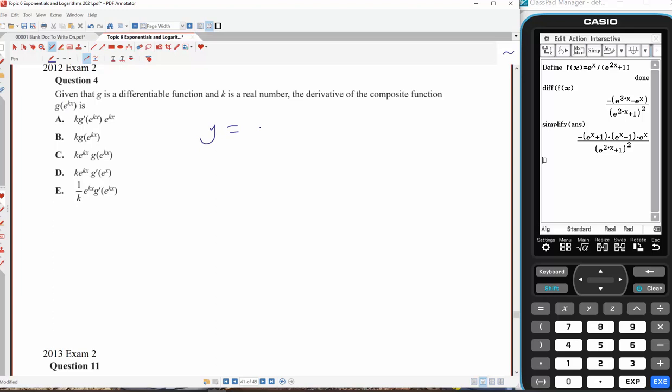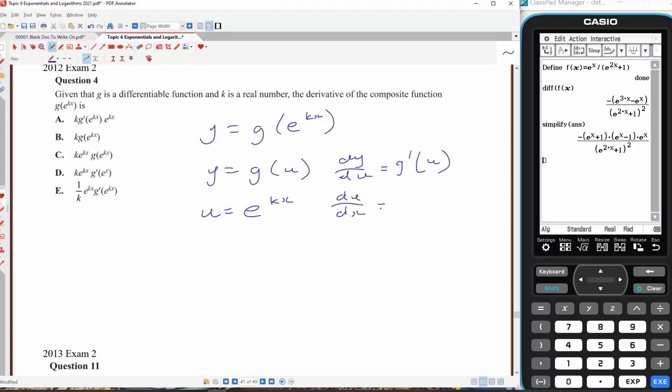So we've got y equals g(e^(kx)), y equals g(u), where u is our inside function, u equals e^(kx). dy/du is equal to g'(u), and du/dx is equal to, by the rule on your formula sheet, k e^(kx). dy/dx therefore is equal to these multiplied by each other with a u substitution. So k e^(kx) g'(e^(kx)).